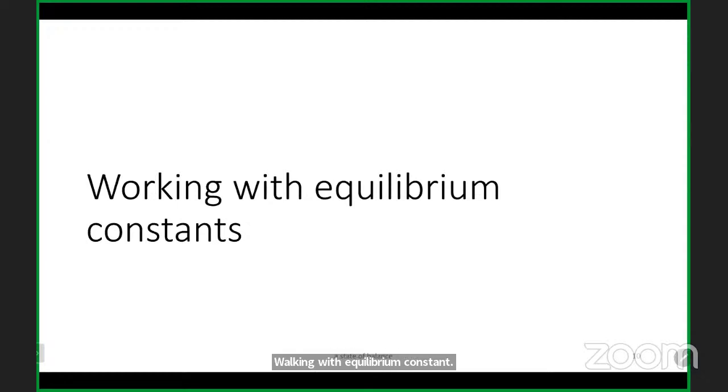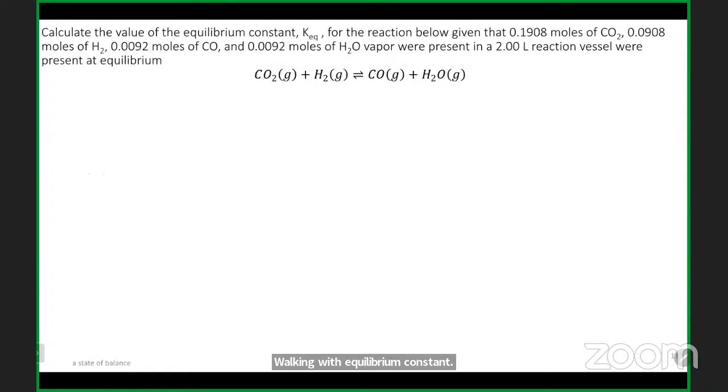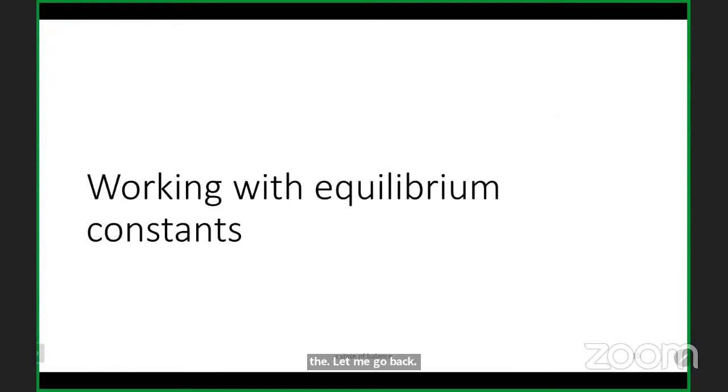One thing to note, anytime you want to work with equilibrium constants, that's something that we need to include.